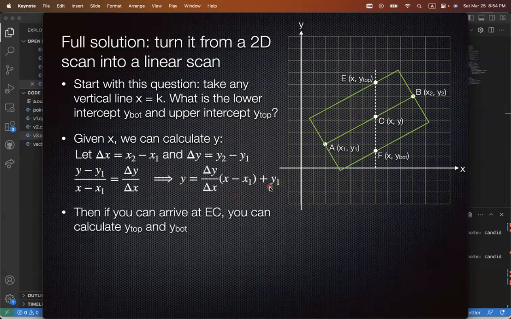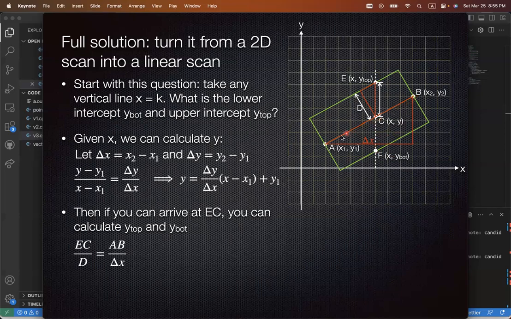And so that allows us to work backward and get y given the x. So this is y. But y is not enough, right? What we really want is to calculate the y bottom and y top. But y is a good starting point, because y plus this EC is y top, and y minus the CF is y bottom. So what is CE and CF here?